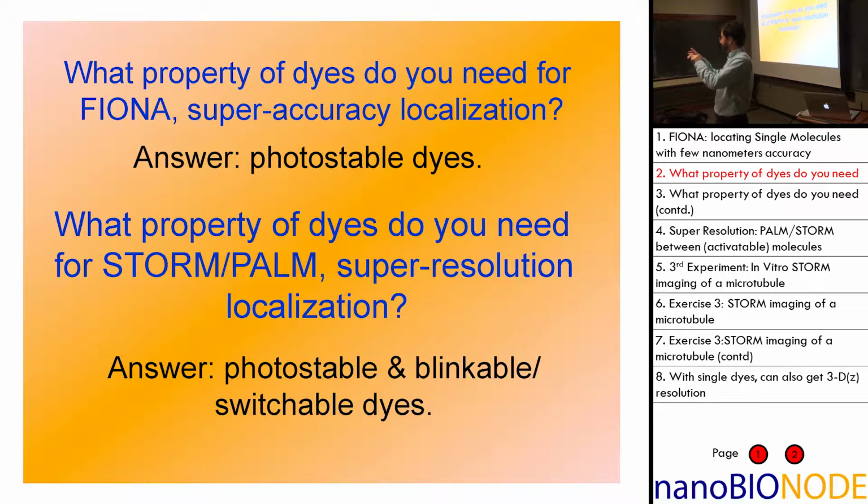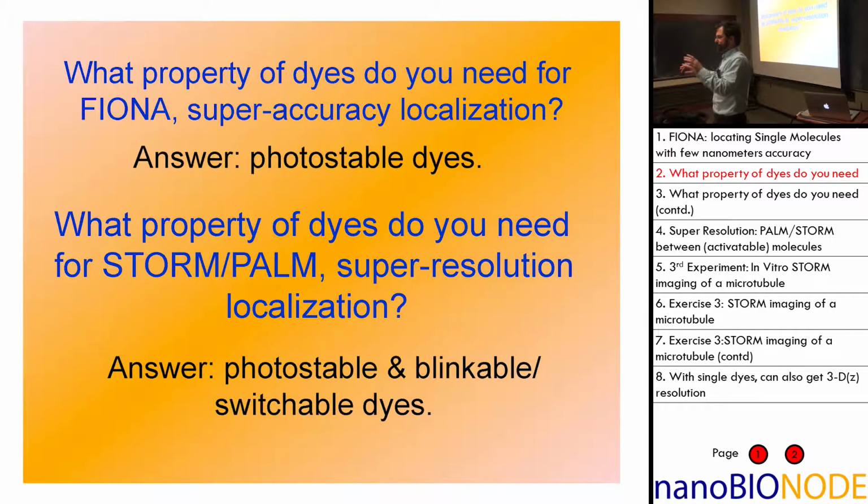Ordinarily, they would both be emitting, and it would look like a mess, right? So at least with STORM and PALM, how are you going to get that kind of resolution? You're exciting different fluorophores at different times. Exactly.